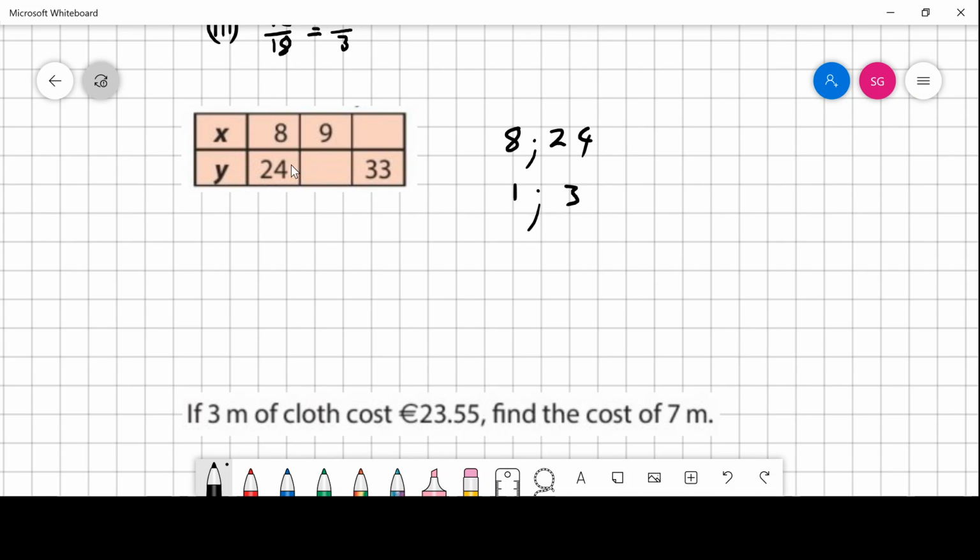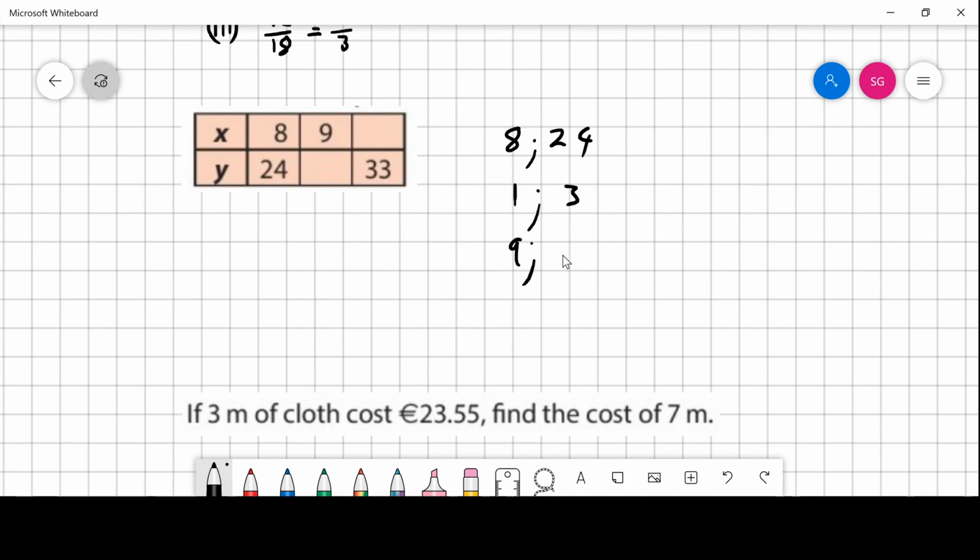So if it's 8 turns to 24, so if x is at 8, y is at 24, that means that we've got a ratio of 1:3. So if x is 9, what is y?